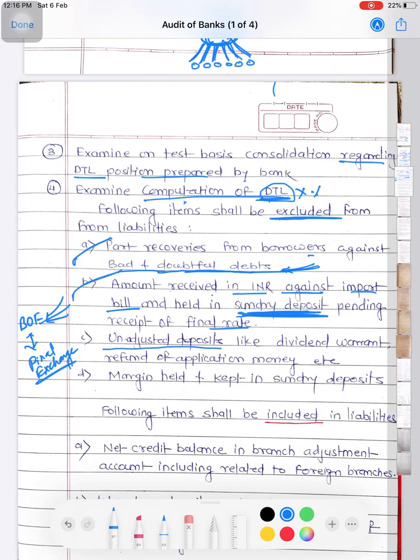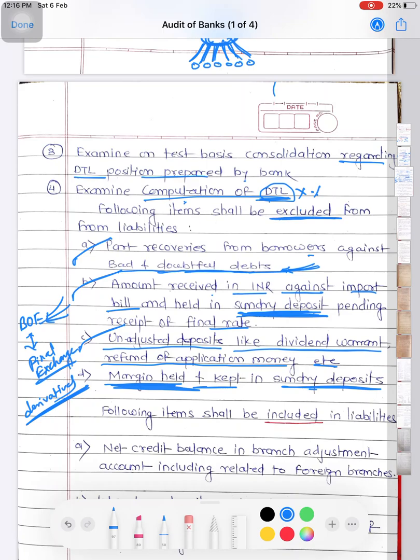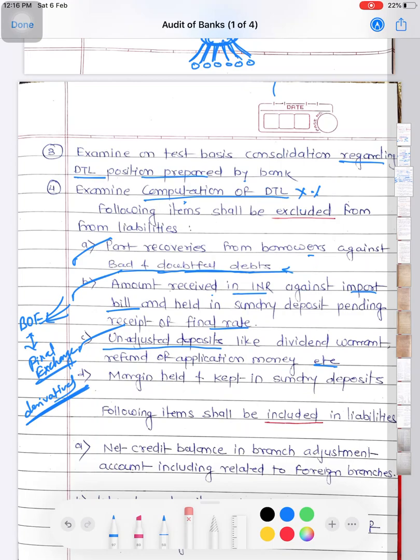Okay, then unadjusted deposits like dividend warrants, refund of application money, etc., those are to be excluded. Then margin money held and kept in sundry deposits. Margin money, this concept applies to derivatives contracts. If the bank has received some margin money and kept it under sundry deposits, then that amount is also to be excluded from the computation of these demand and time liabilities.